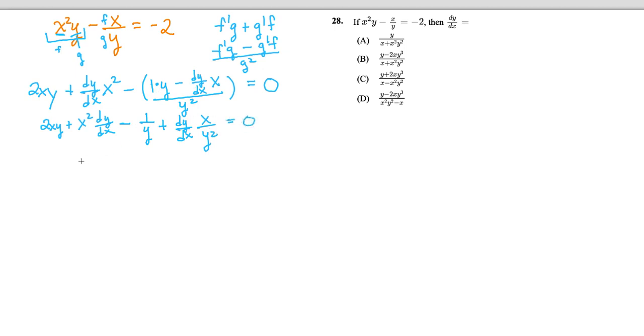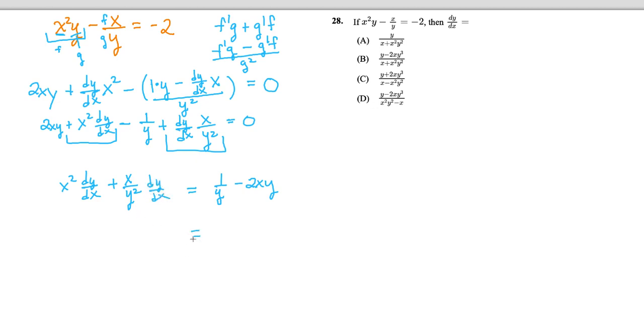Equals 0. Now I want all the terms with dy dx on one side and then everything else on the other side. So that means I want to get this on one side and this on one side together, and then move everything else over. So when I move everything else over, I get 1 over y minus 2xy, and then on this side I got the x squared dy dx plus x over y squared dy dx.